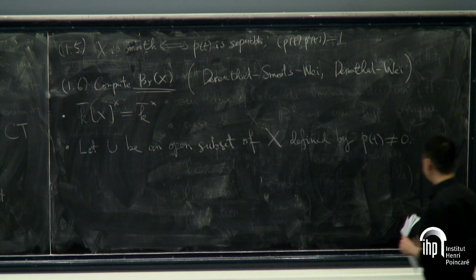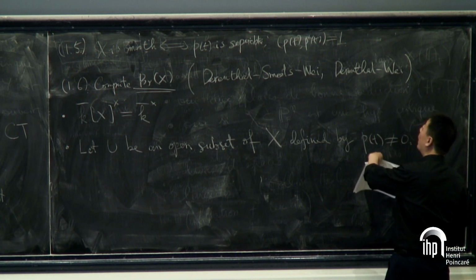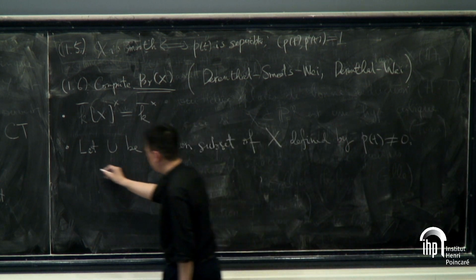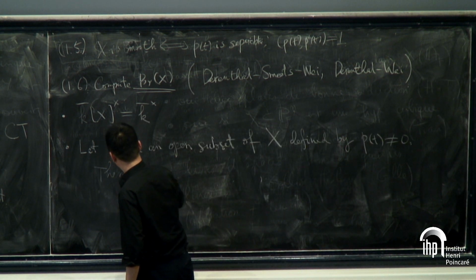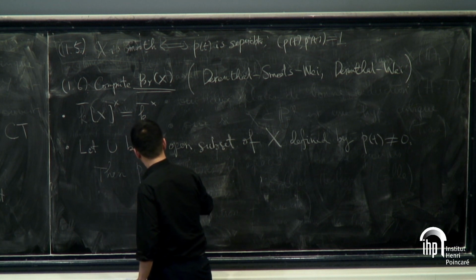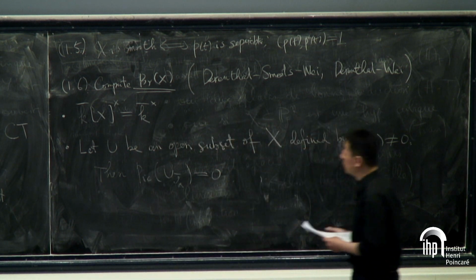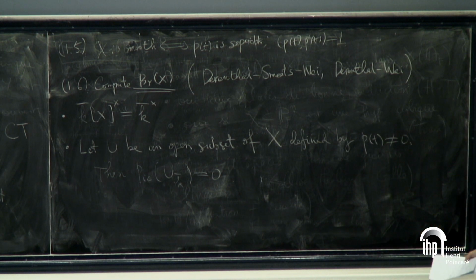When this is invertible over the algebraic closed field, it can easily be seen that the Pic of this U over the algebraic closed field is trivial. Well, that's quite easy to see. It's a kind of torus.